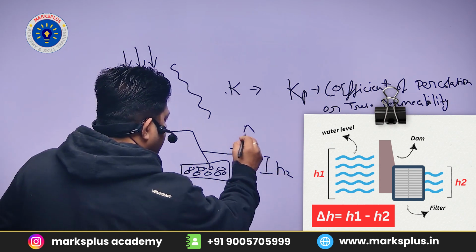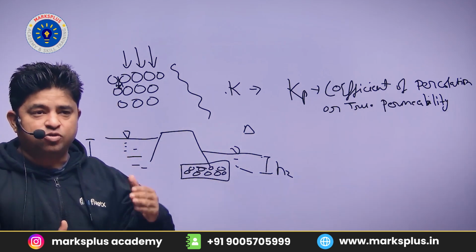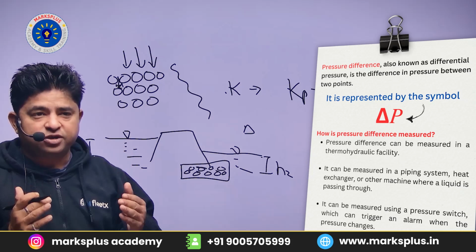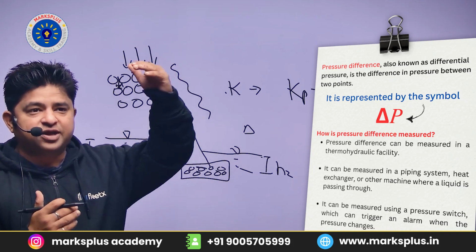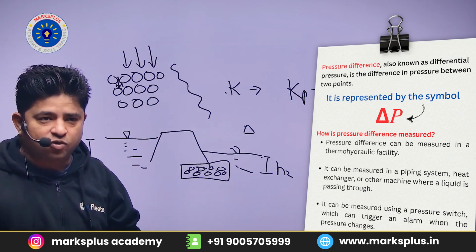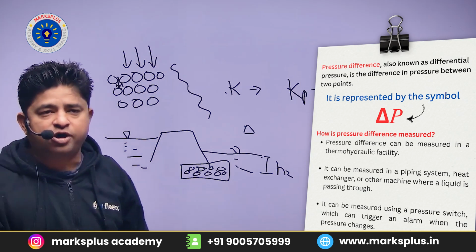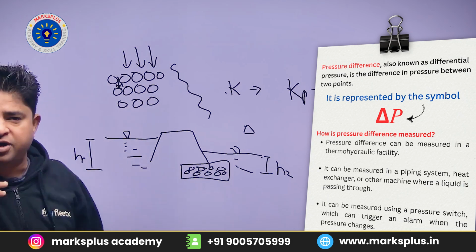Now we can say that the total head loss means the total pressure difference. As we know, for the flow of fluid there should be a proper head difference, then only fluid can flow.